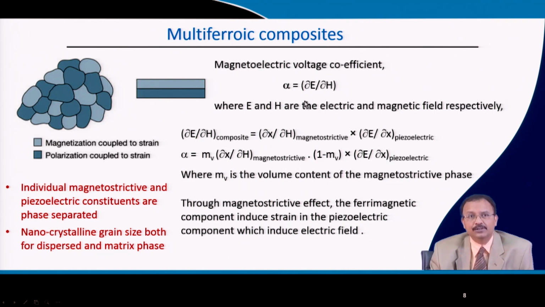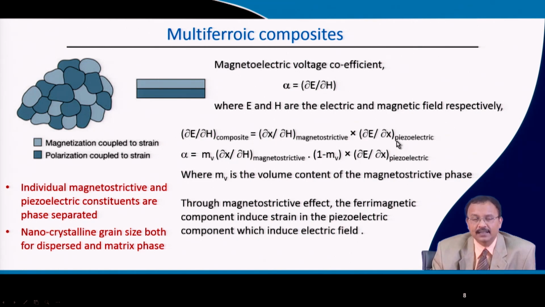So, this can be understood in composite terms: the partial derivative of the electric field with respect to the magnetic field in the composite, you can write as del x by del h, which is the magnetostrictive part. You apply the magnetic field and, due to magnetostriction, you get strain, and this is the piezoelectric part.